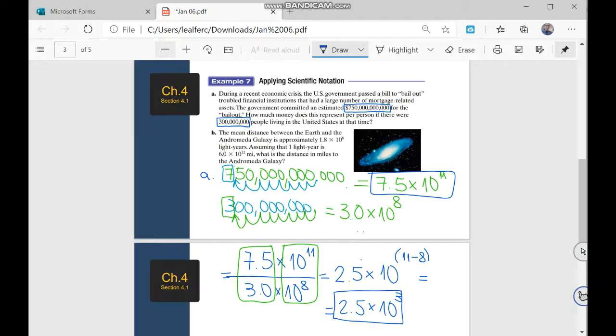I don't know who came up with this idea, someone very clever, for sure, very bright. But it's a good idea, right? It makes things simpler. You can use your calculator to work with scientific notation, to check your answers.